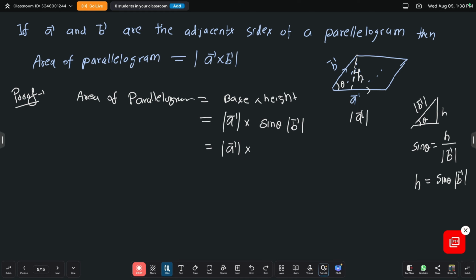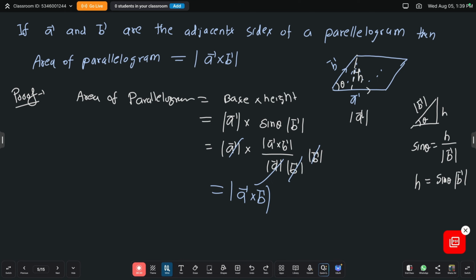We discussed it today only: mod of A cross B upon mod A and mod B. And here mod B, mod A cancel. So the answer came mod of A cross B. So the area of a parallelogram is mod A cross B, where A and B are the adjacent sides.